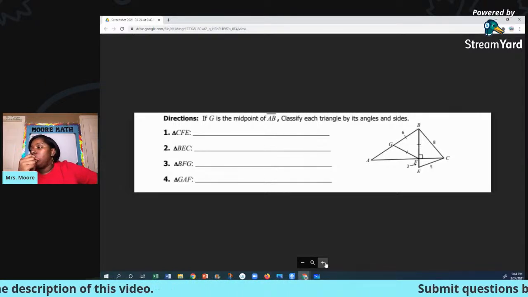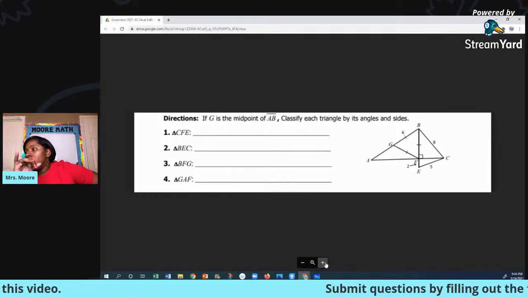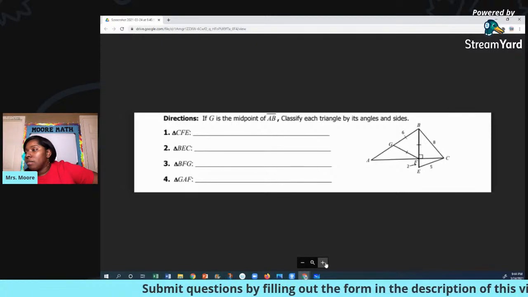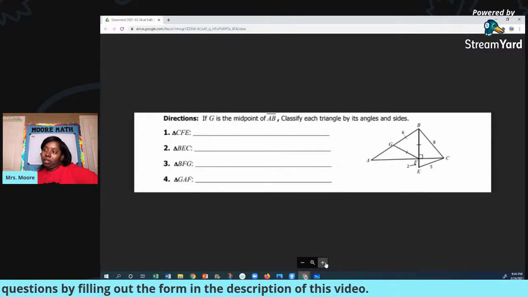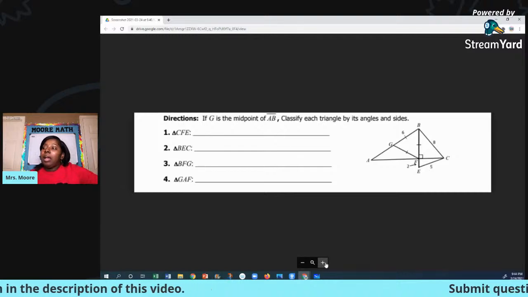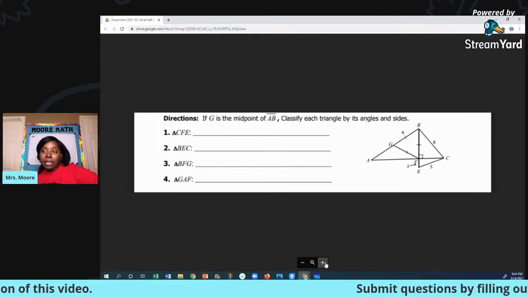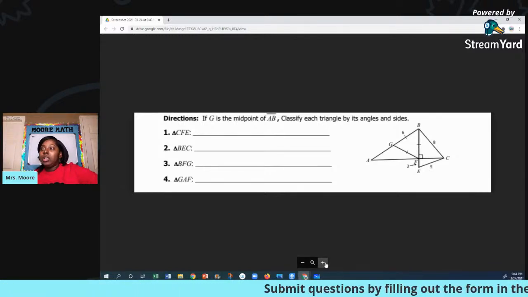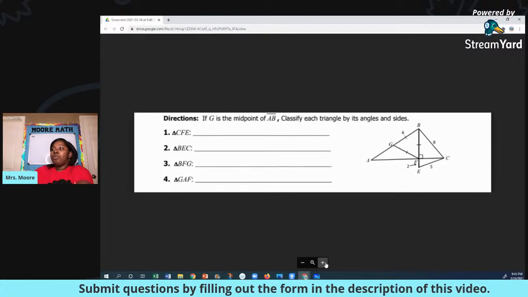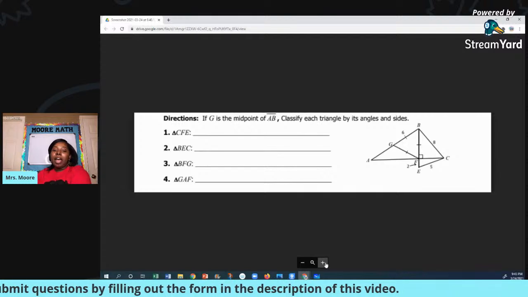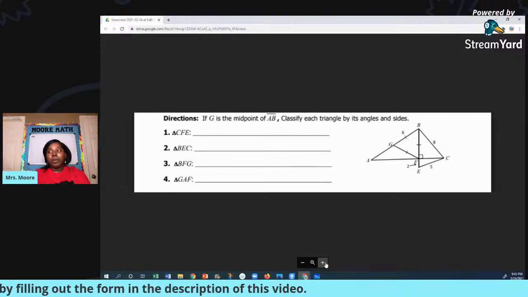Okay, so first things first, you're going to need to know, do you have the side length for BE? Because we have BC and we have CE, the side lengths for those. Okay, so I have a feeling that if you know what the side length for BE is, that's going to help you identify what kind of triangle it is.